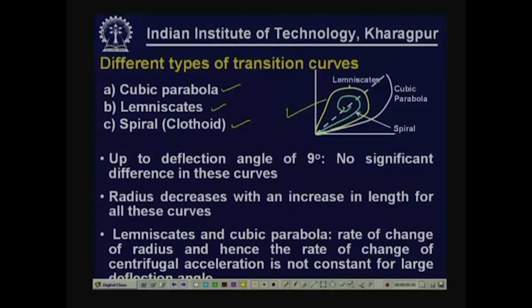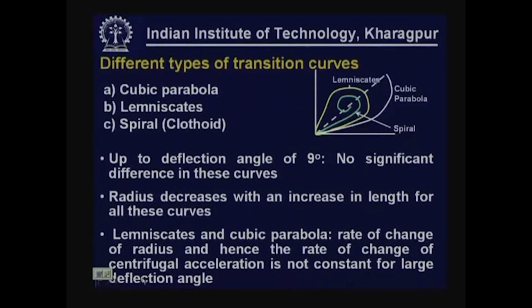However, it may be noted that for transition curve type A and B, as indicated in the sketch, the rate of change of radius, and hence the rate of change of centrifugal acceleration, is not constant for large deflection angles.